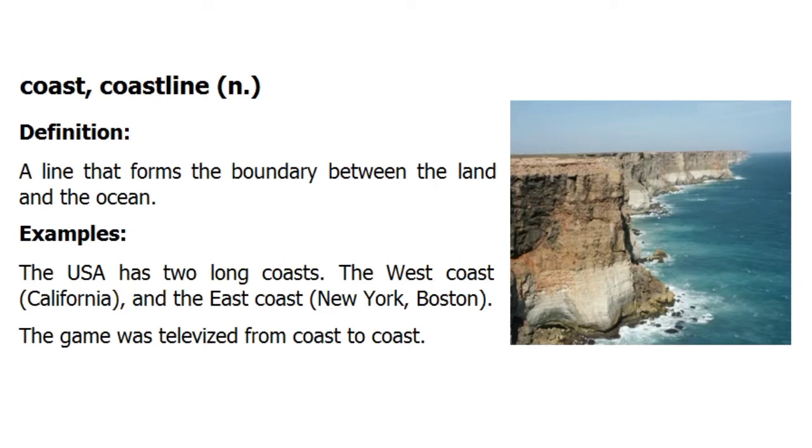For example, the USA has two long coasts. The west coast, like in California, for example, Los Angeles, San Francisco are on the west coast, and the east coast, New York, Boston, and so on, are on the east coast. So in America, they would say the game was televised from coast to coast, meaning the whole country.